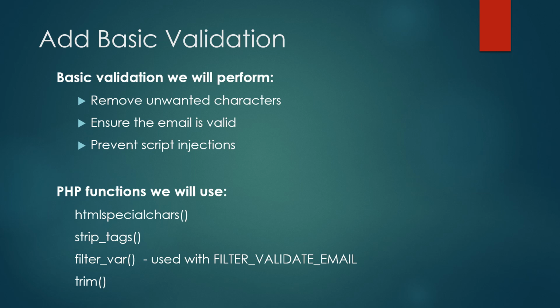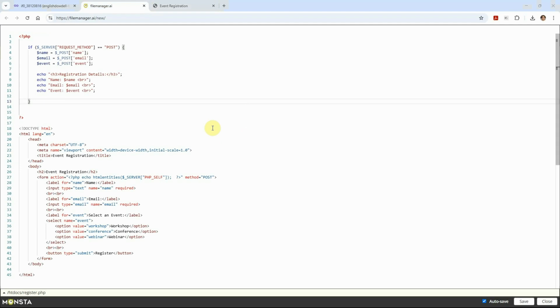We're going to be using filter validate email, which checks for the email address format. The other function that we're going to be using is the trim function, which removes any leading or trailing spaces. So using those different functions, let's go ahead and modify our code.